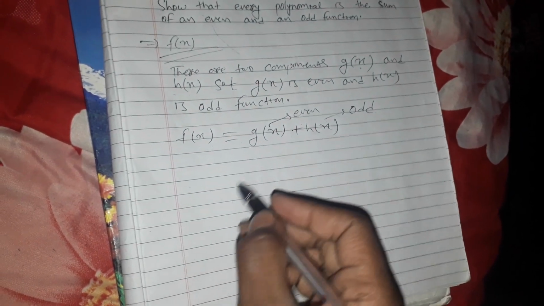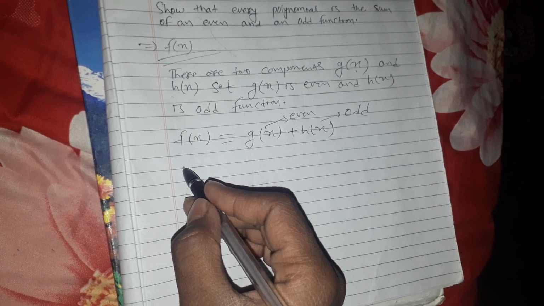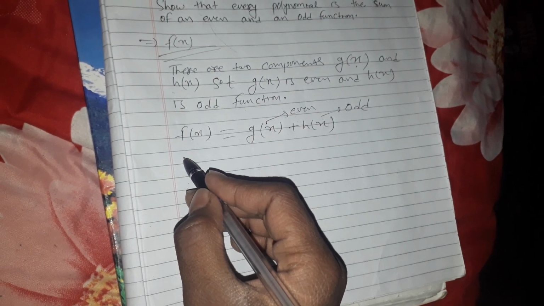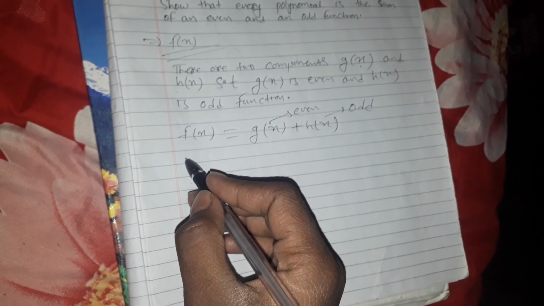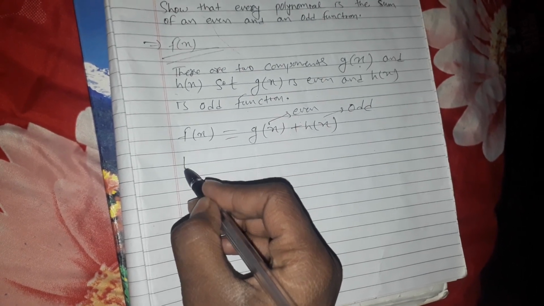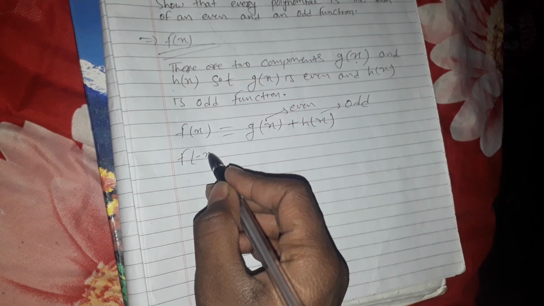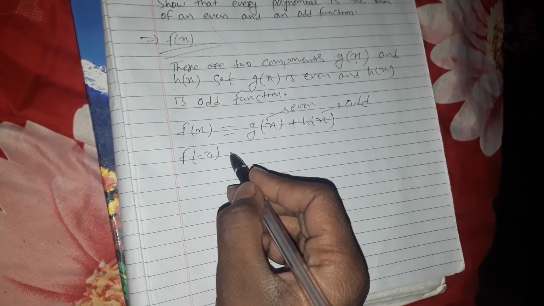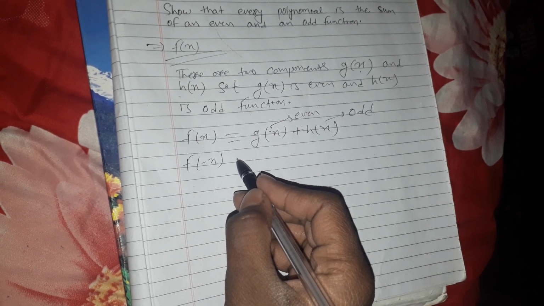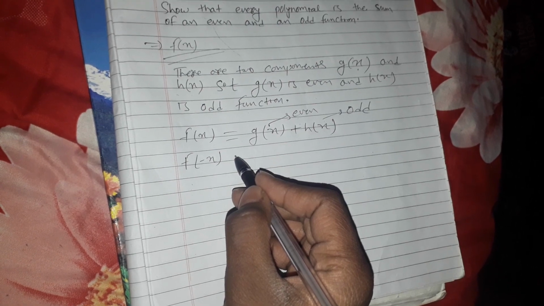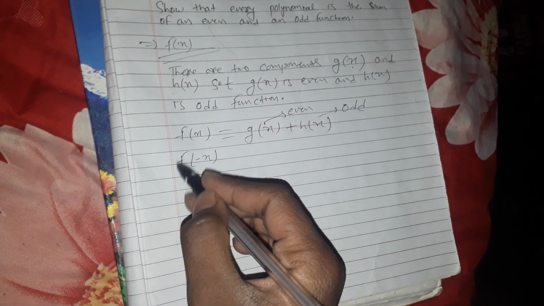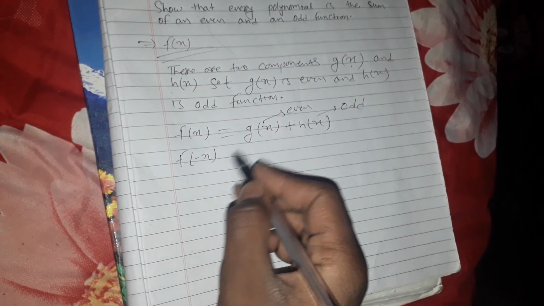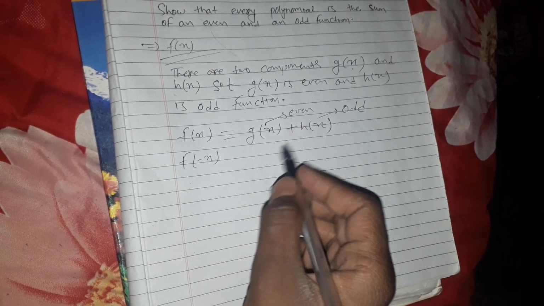Now we're going to write another equation from the definition of even and odd functions. So what are we going to do? We're going to compute what f of minus x is, the additive inverse. Even and odd functions are defined from the additive inverse: the even function satisfies f of minus x equals f of x.